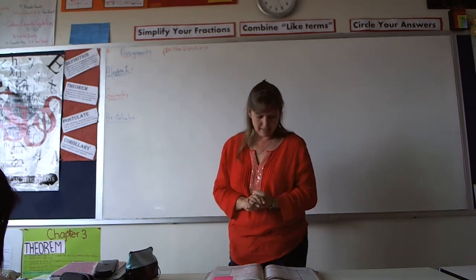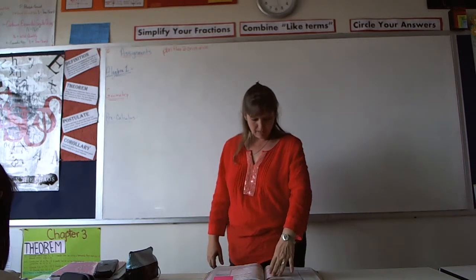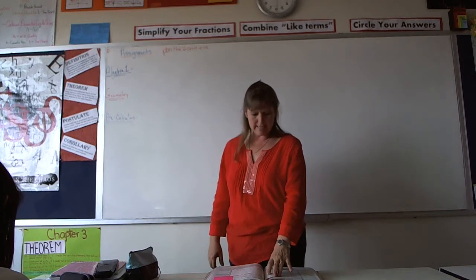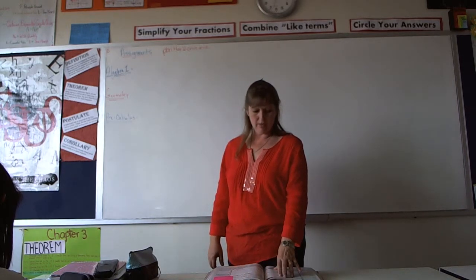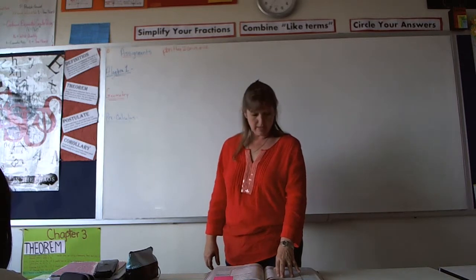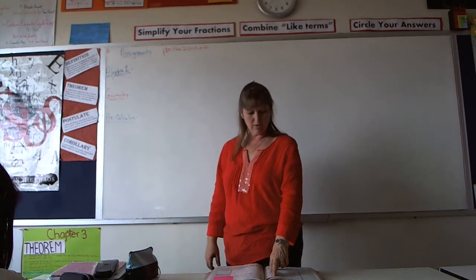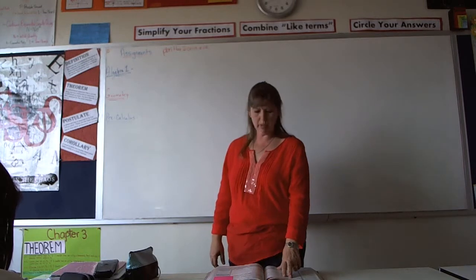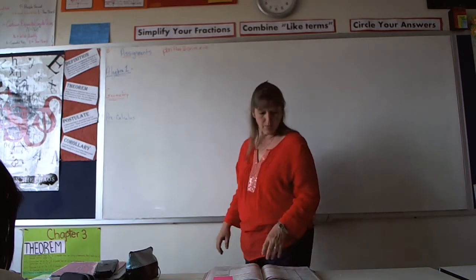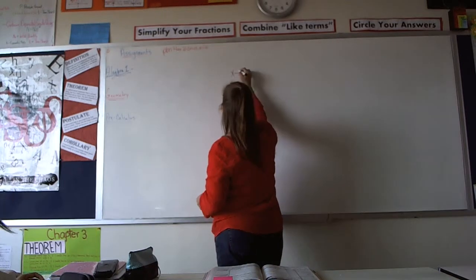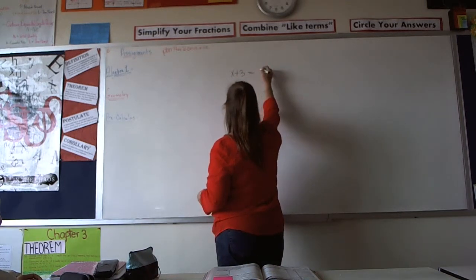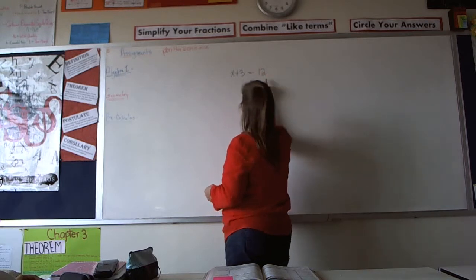So trig identities, read with me on page 312. An equation is an identity if the left side is equal to the right side for all values of the variable for which both sides are defined. Consider the equations below. Like we always do in algebra, we're given an equation.